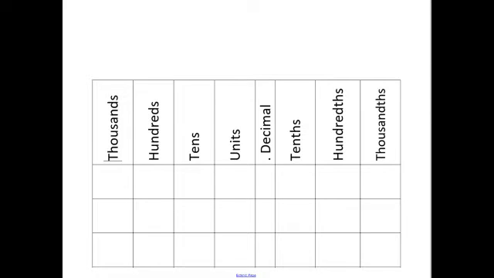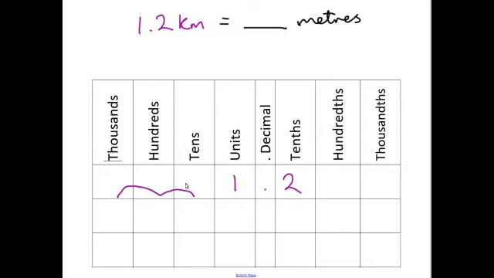Let's start with a kilometer. Say we have 1.2 kilometers and we'd like to know what that would be in meters. Converting from kilometers to meters, we multiply by 1,000. I stick it into a place value chart. When multiplying by 1,000, the numbers make 3 jumps to the left. The 1 goes 1, 2, 3, and ends up in the thousands, because 1 times 1,000 is 1,000.